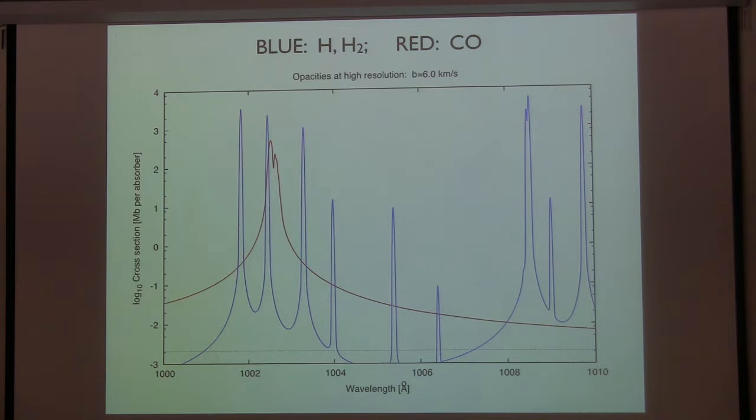Now, for the molecular hydrogen, you're seeing individual lines. In the case of the carbon monoxide, this is an entire blend. It's a blend of an entire electronic vibrational band with rotational fine structure.